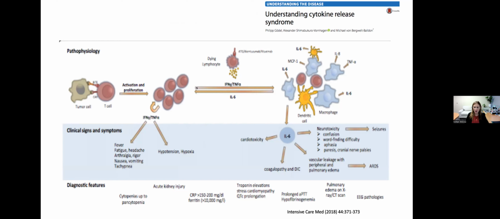And then as we go on to have continued activation of our macrophages and monocytes and dendritic cells with increased cytokines, that's where you see the more severe forms of toxicity, including cardiac toxicity, coagulopathies, DIC, neurotoxicity, the ICANS, which can be manifested from just word difficulties, some aphasia, confusion, can even advance to paralysis, cerebral edema, seizures, and status epilepticus. And from the pulmonary standpoint, we see vascular leak, non-cardiogenic pulmonary edema, and ARDS, and significant hypotension requiring vasopressors.